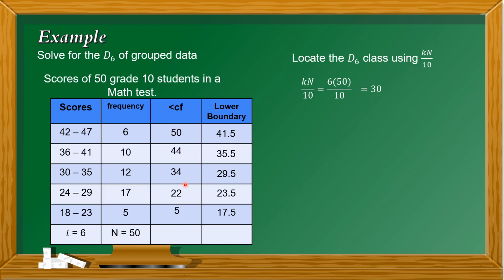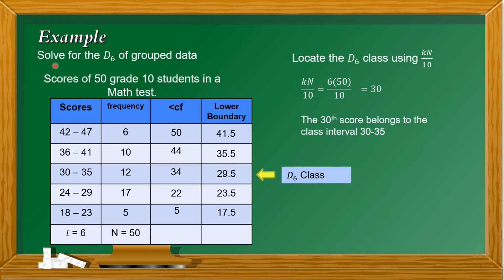Hanapin natin kung nandito ba sa less than CF ang 30. Dahil wala dito ang 30, ang pipiliin natin ay ang mas mataas sa 30, which is 34. Nangangahulugan na ang pang 30th score ay nasa class interval na 30 to 35. Ito na ang ating magiging 6th decile class.